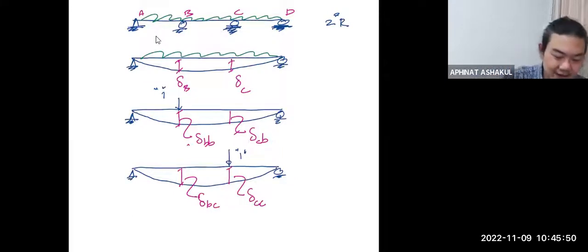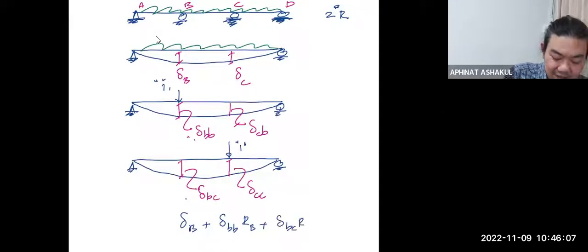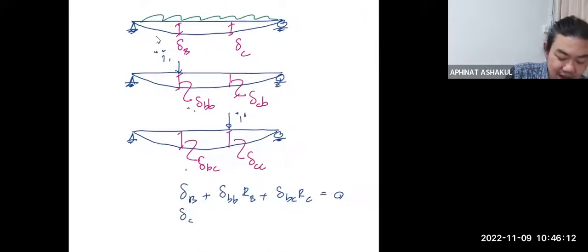So in here, your equation should be something like delta B plus delta BB multiplied by RB plus delta BC multiplied by RC equals 0. And delta C plus delta CB multiplied by RB plus delta CC multiplied by RC equals 0.